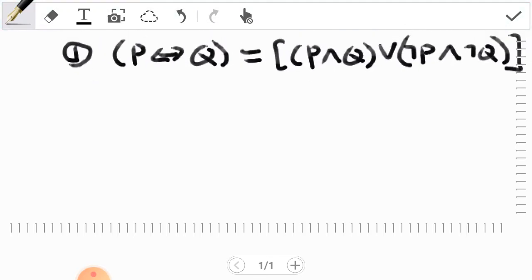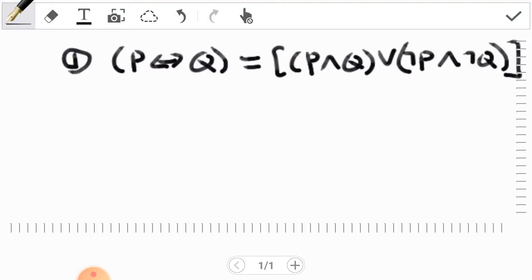Okay, so if we will work with the left side of the equation, the first step that we can do is use our material equivalence. That's number 9 in your list.